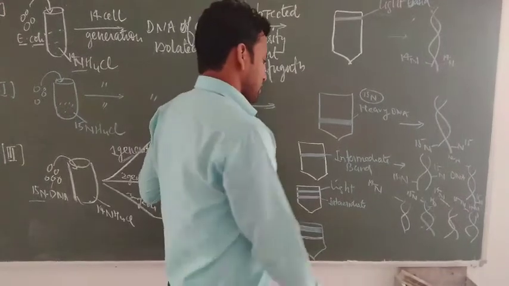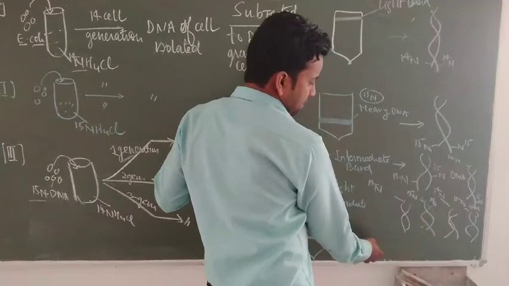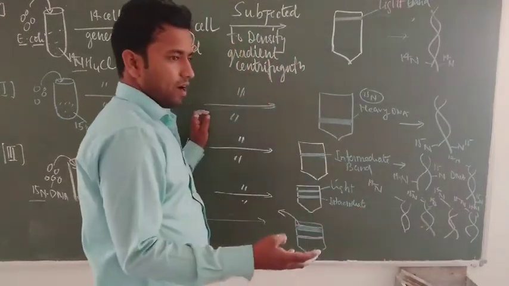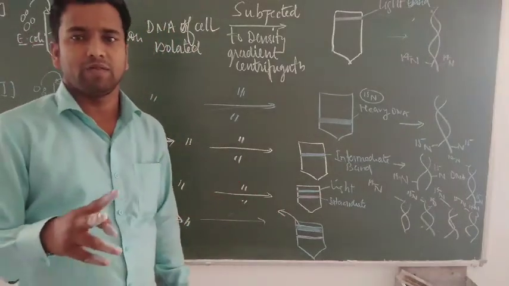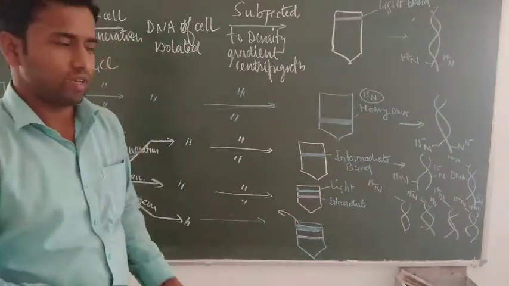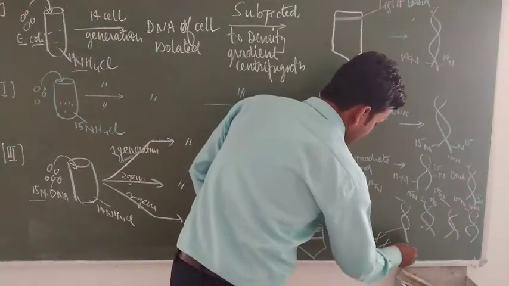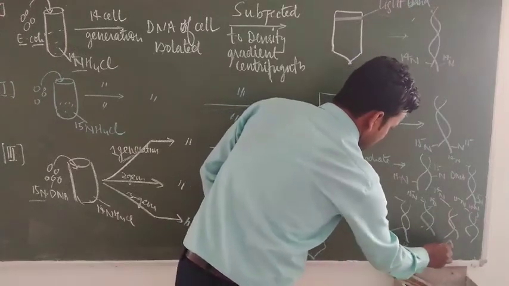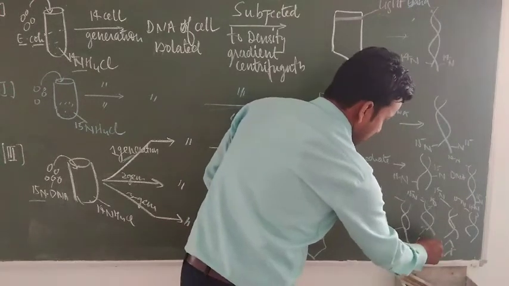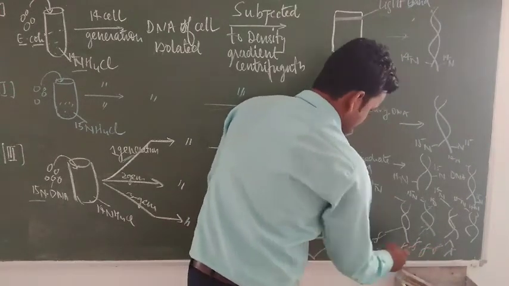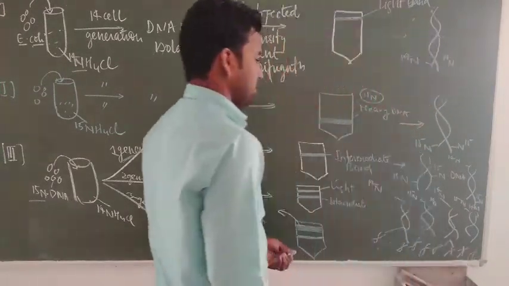They found 4 DNA of light strand and 2 DNA of intermediate, light as well as heavy strand. Suppose here both form light band, here also light band, and here one intermediate band and one light band. This type of phenomenon generally occurs.